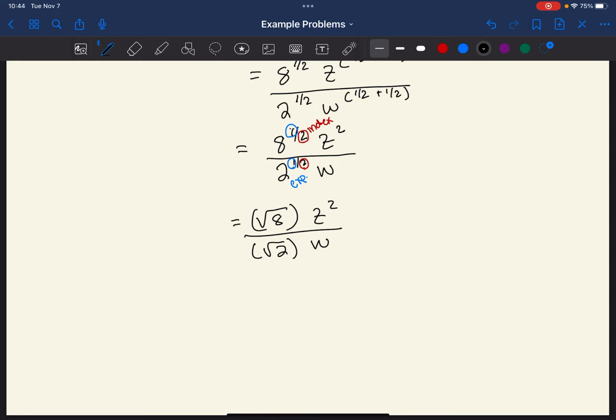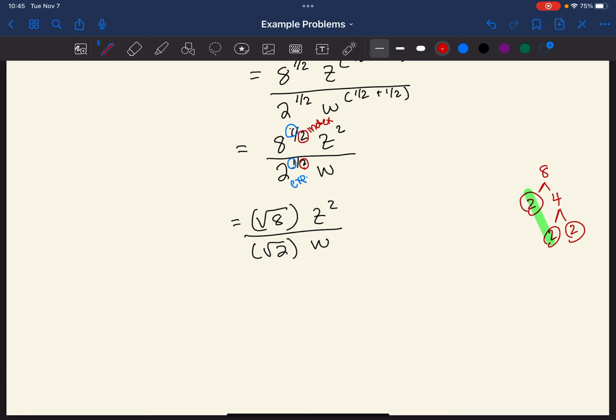This is our last step. We know 2 can't be simplified because 2 is prime, but let's check 8. I'm going to write 8 off to the side and do the prime factor tree. 2 goes into 8 four times, and then 2 goes into 4 two times. Since I'm talking about the square root, I need pairs of 2.